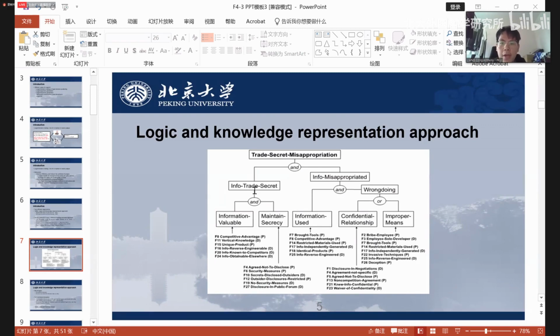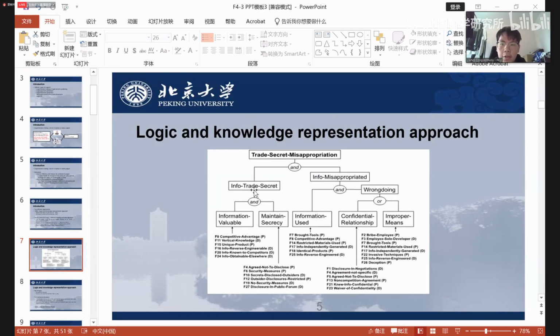This program was made in the 1980s. It was a logical model of trade secret law, a set of rules derived from legal resources, such as the Uniform Trade Secrets Act and the torts law in the US. It is a US application of legal AI.